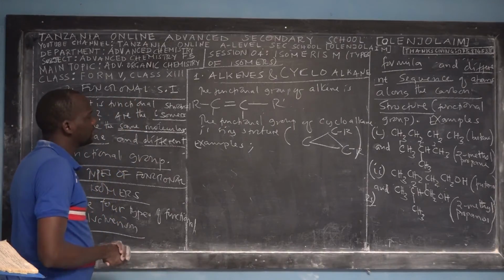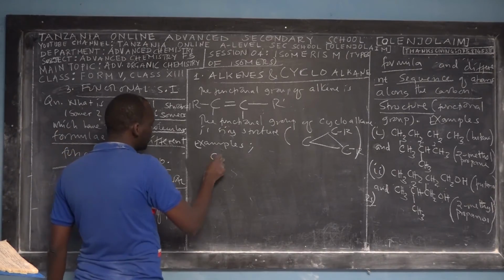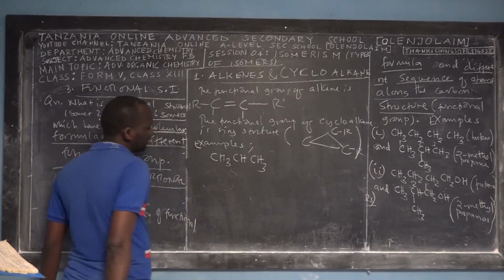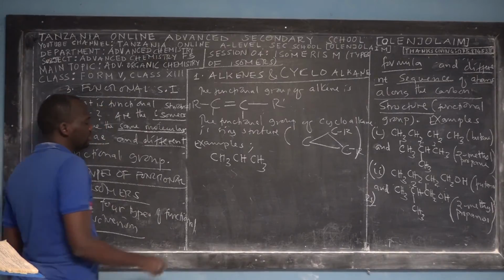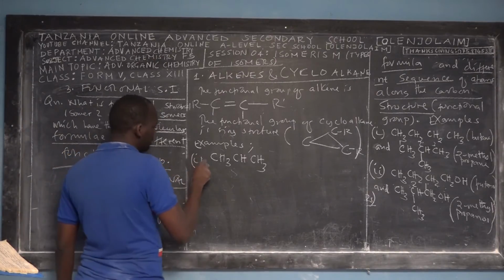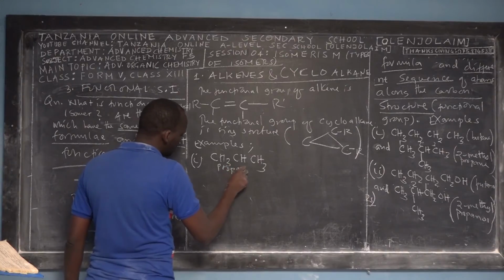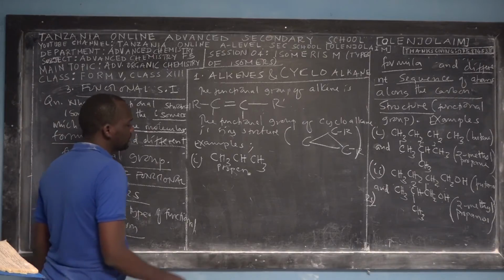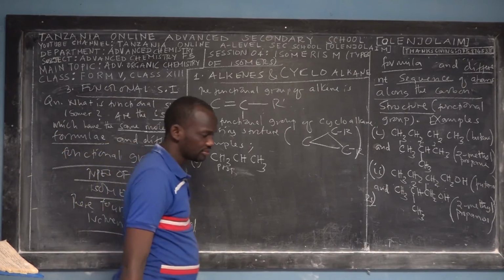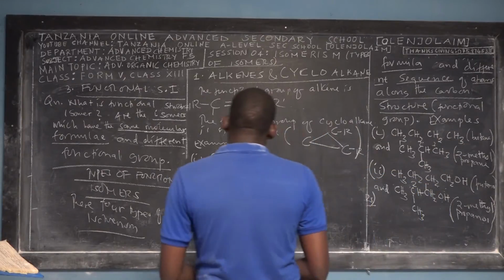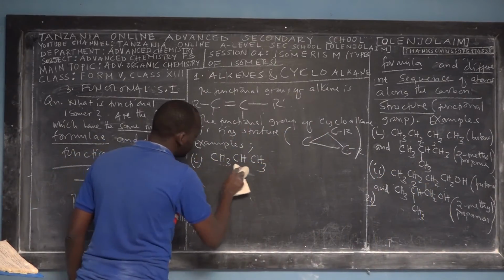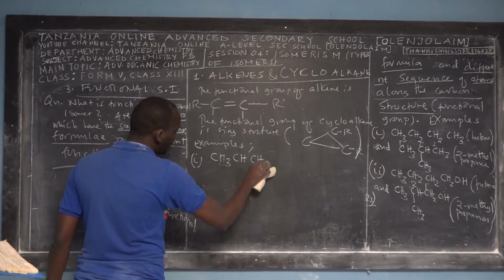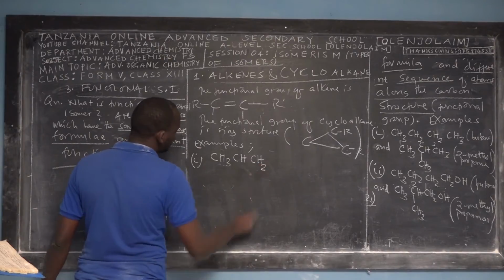For example, let's say that we have propene. These are not 3 hydrogens, these are 2 hydrogens.